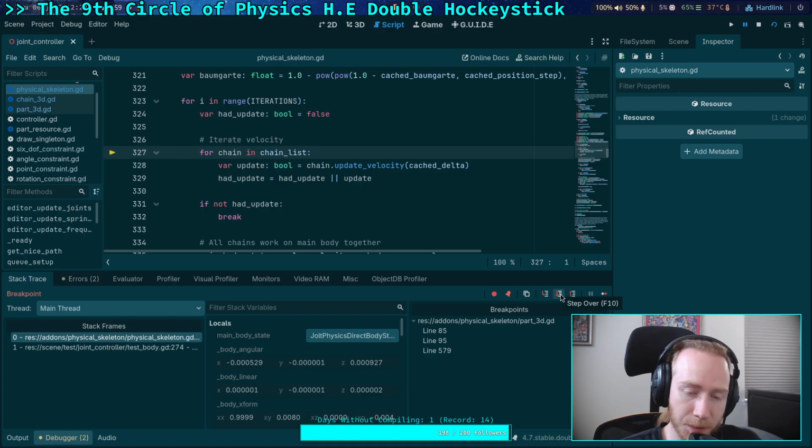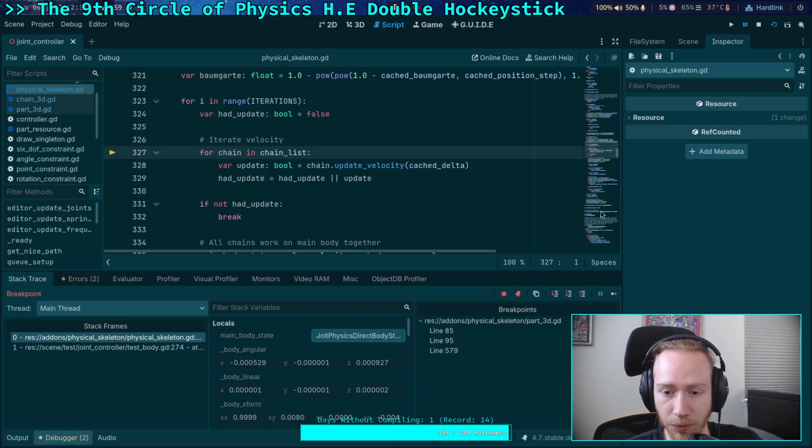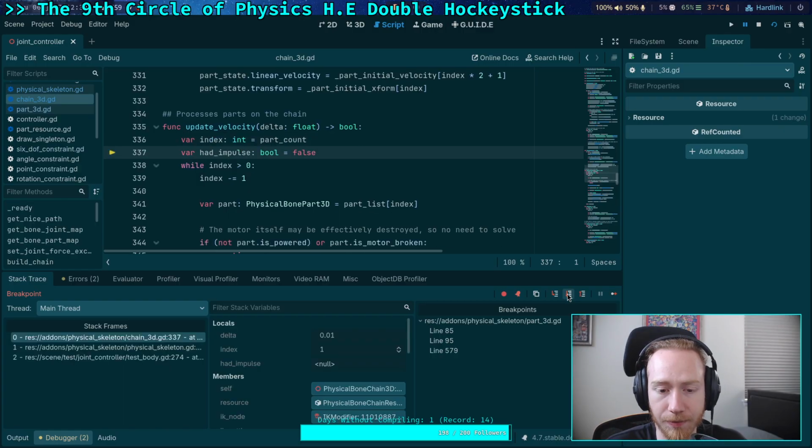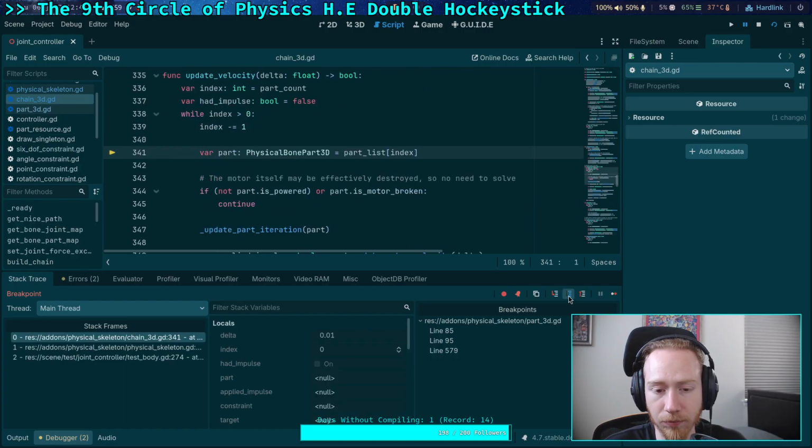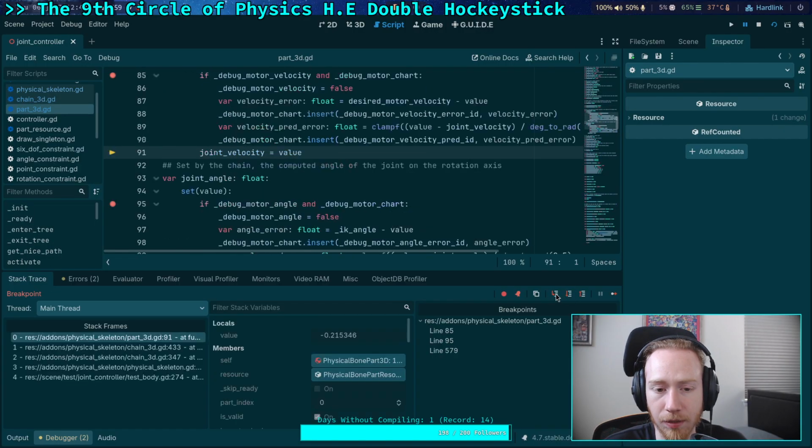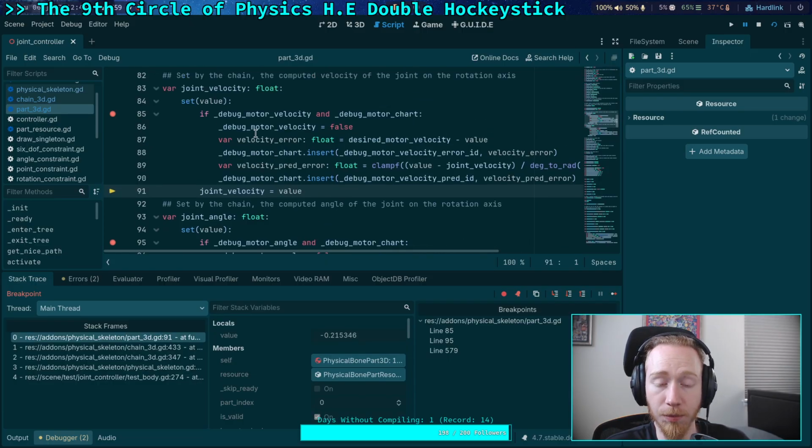Yeah, this one, my velocity prediction error is definitely got to be really, really wrong, because that's causing the angle prediction to be super wrong too. They should be the same.